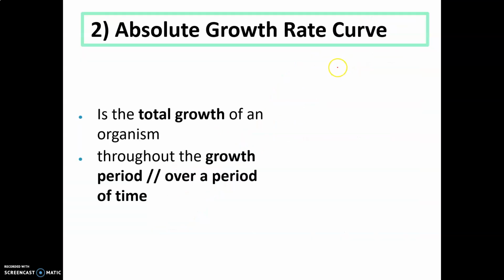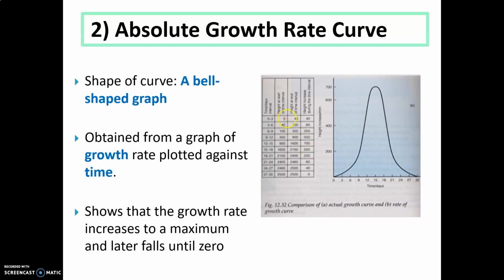How about kalau the growth rate curve? Kalau growth rate curve, dia akan melibatkan the total growth over a period of time dan dia akan membagi bentuk bell shape. As I said, dia akan bagi bell shape graph berbanding dengan the absolute growth curve. Dia tidak ada rate, so dia akan bentuk sigmoid lah. Okay, di awal-awal itu memang slow down, tetapi di pertengahan dia akan meningkat dengan mendadak, tetapi eventually dia akan start to slow down.